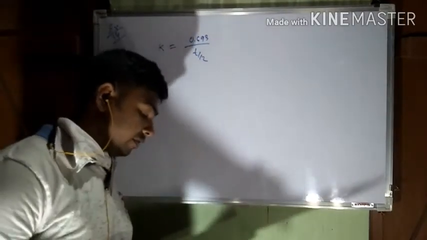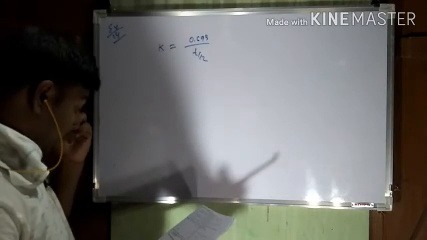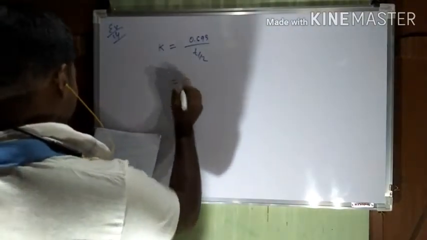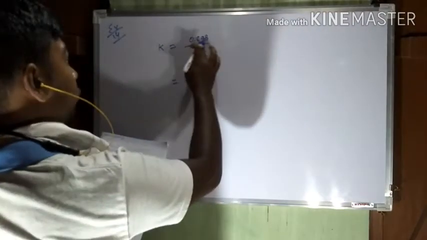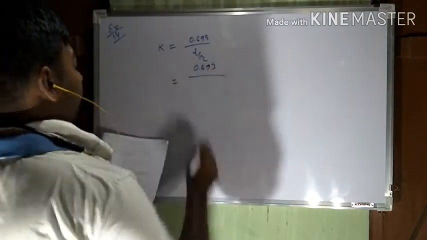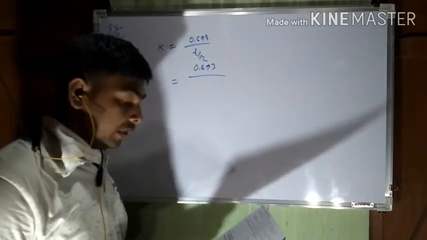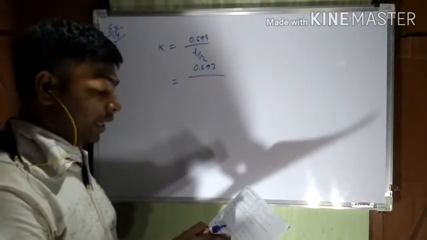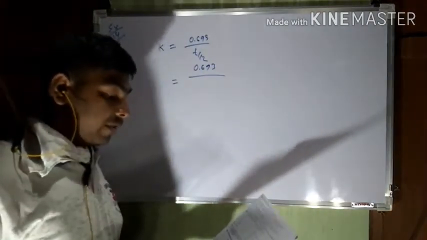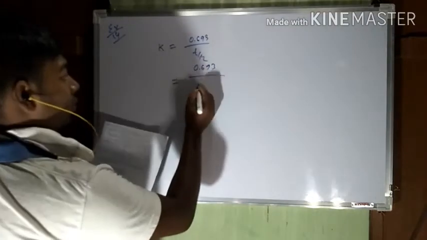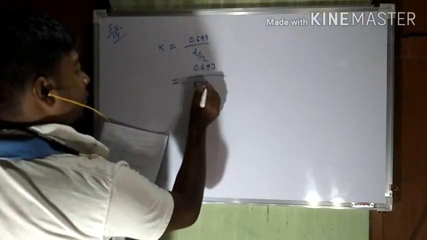Now see. K equals 0.693 divided by T half, the half-life of radioactive decay, which is given as 5730.